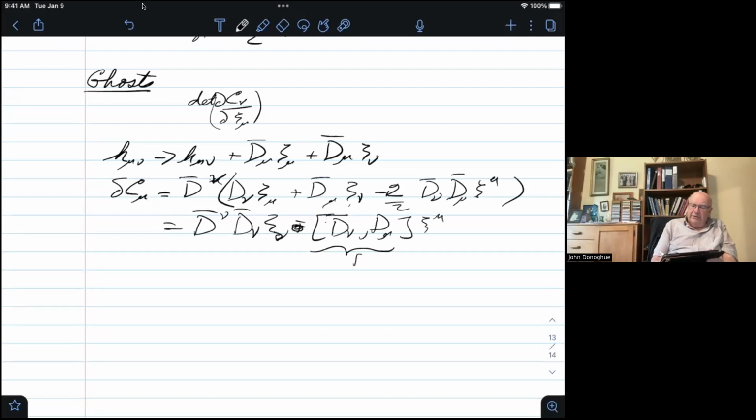This turns into curvatures. And so this is then g mu nu d bar squared plus r bar mu nu c nu.